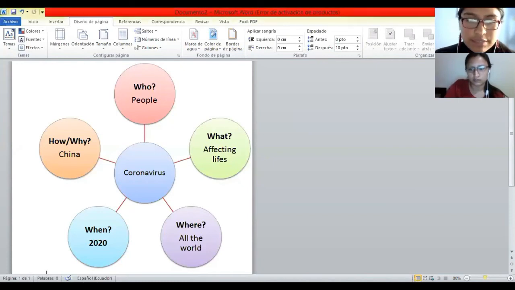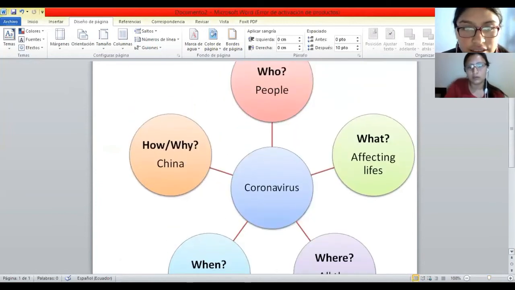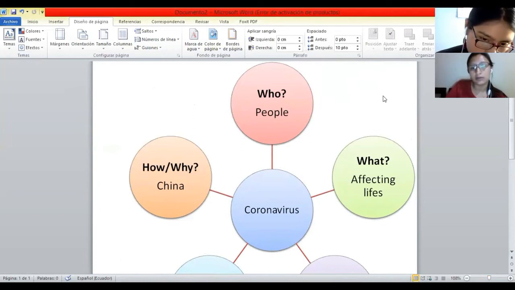Okay, can you explain your graphic organizer, please? Okay, the topic or the title that I selected for this graphic organizer is coronavirus. I chose this topic due to the situation that is happening at this moment.